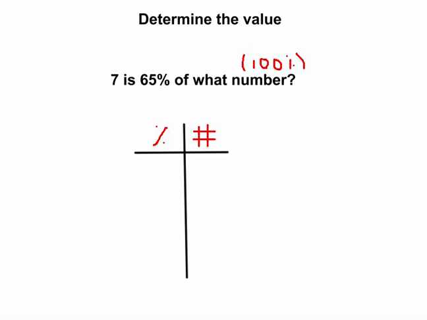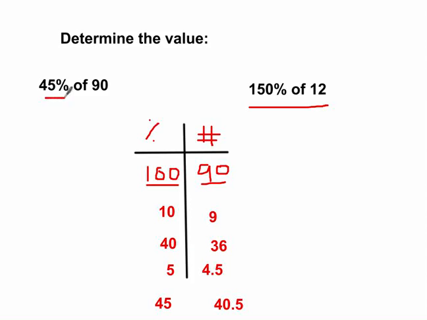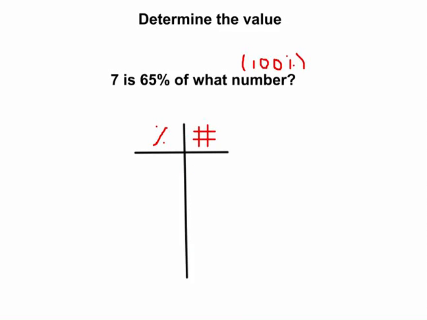So like the last problem, where we found 45% of 90 is 40.5, it's telling us now, so 40.5 is 45% of 90. For this next problem, it's not telling us the whole, but it's telling us the relationship between the number 7 and the percentage. So we know 7 is 65%. We want to find out what the whole number is, 100%.